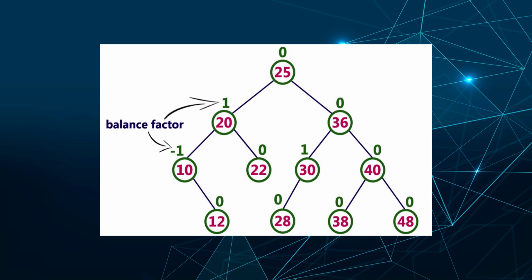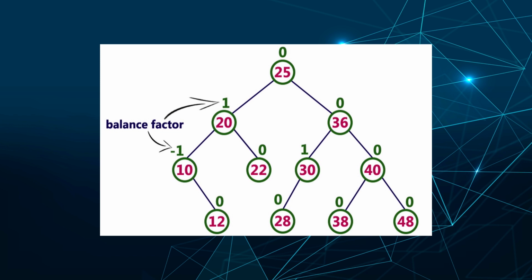The height of the right child of 36 is also 2: the first generation is 40, and the second generation is 38 and 48, siblings in the same generation. So, 2 minus 2 is 0, and it follows the property of the AVL tree, because 0 is within the balancing factor range.